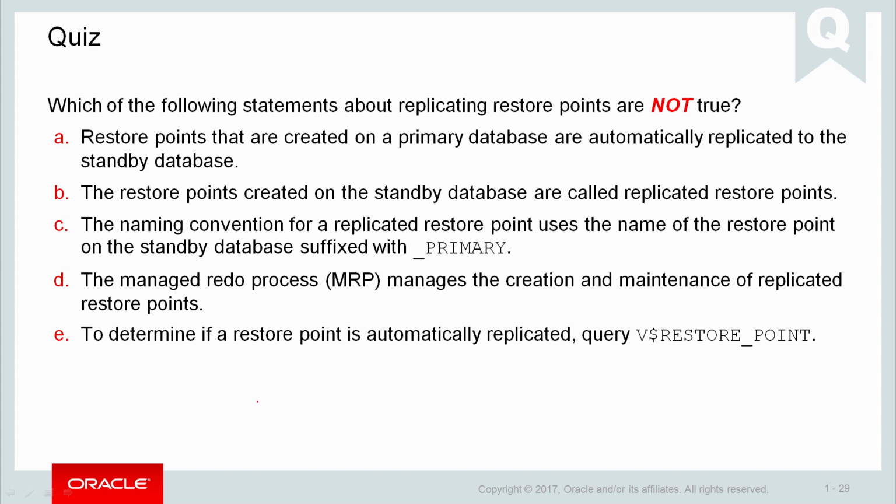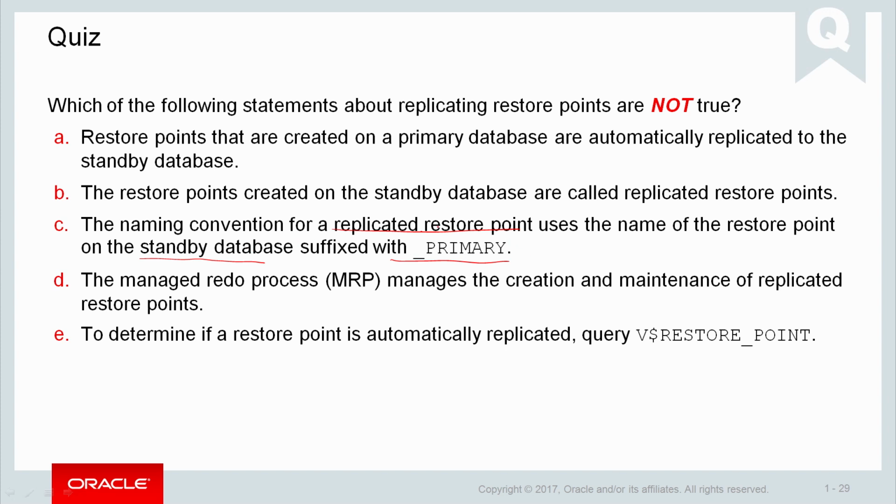The naming convention for a replicated restore point uses the name of the restore point on the standby database suffixed with _primary. Let's just think about this. The naming convention for a replicated restore point, so this has been replicated to the standby database, uses the name of the restore point on the standby database suffixed with _primary.